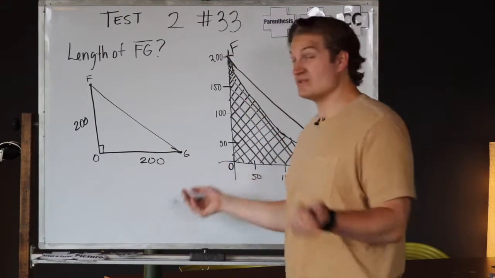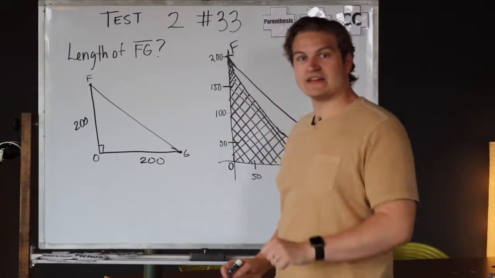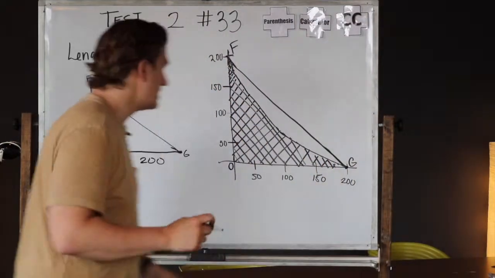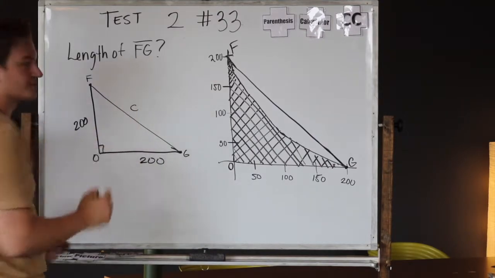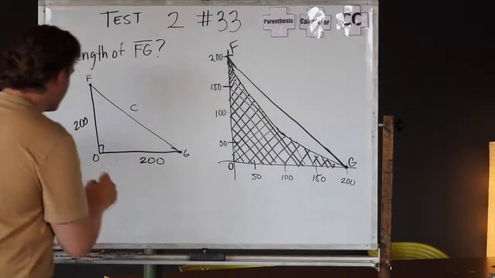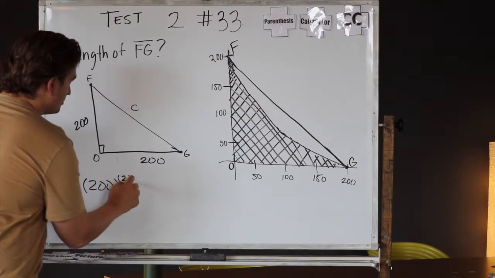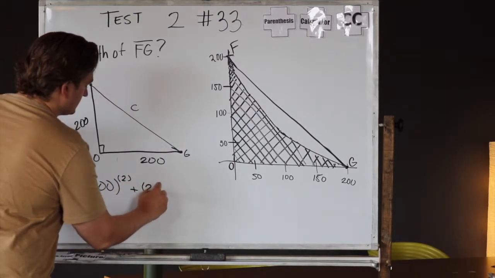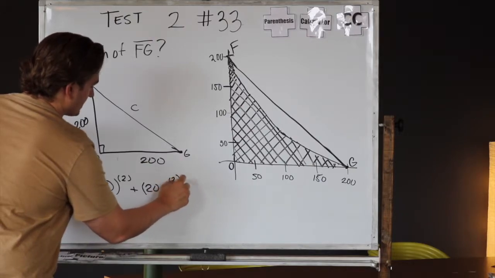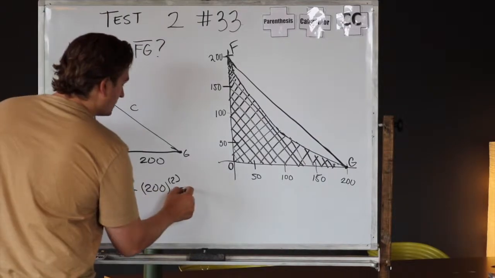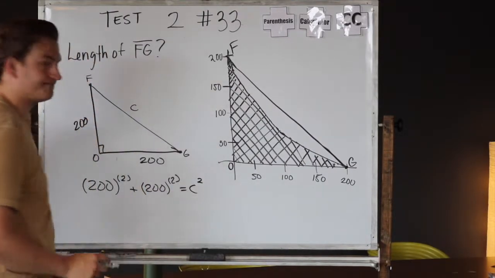So we can use everybody's favorite formula here, the Pythagorean theorem. And of course we'll do this on our calculator to solve for our hypotenuse, which we call C. And we will have 200 squared plus 200 squared, remember I put my base and my exponent in parentheses, equals C squared.